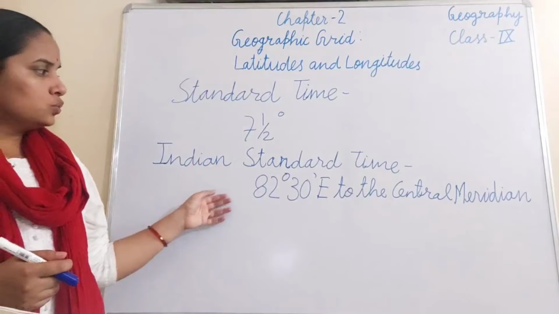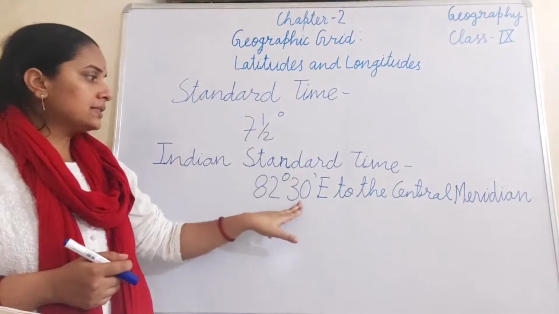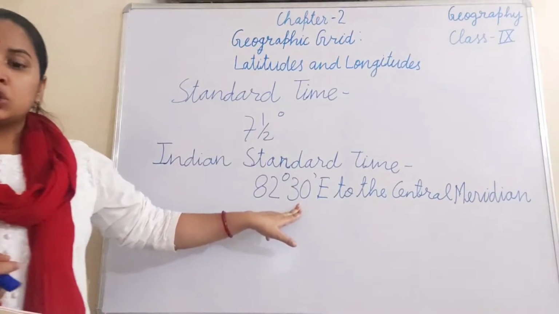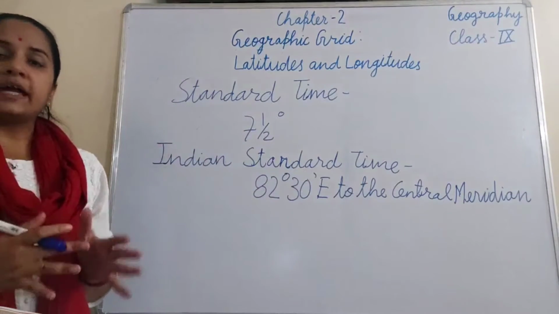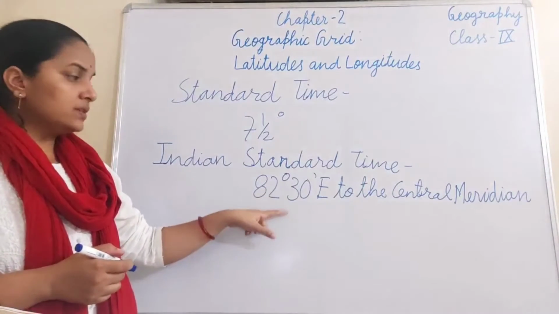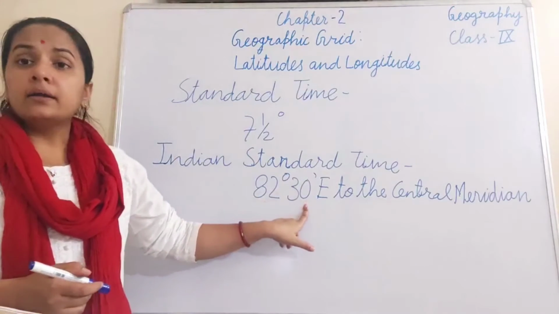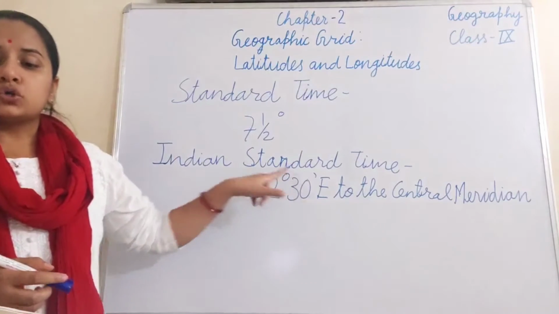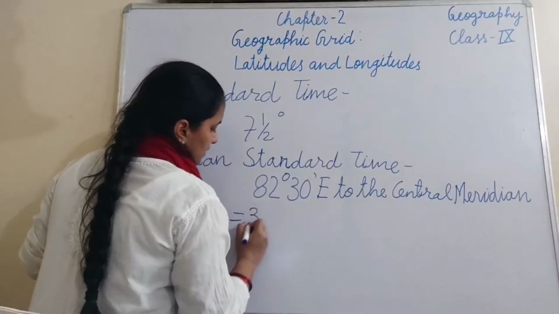So 82 degree and 30 minutes, that half degree is the 30 minutes. When it is multiplied by 4, if we convert this into minutes, the difference from 0 degree to 82 degree and 30 minutes will come to 330 minutes.